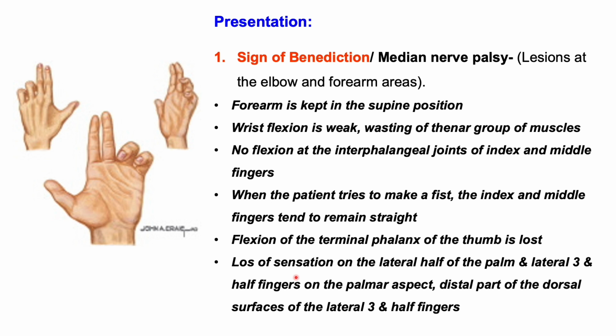Okay, next, it also supplies flexor pollicis longus, which mainly helps in the flexion of the thumb. So this will be affected since it is not getting any innervation from the anterior interosseous nerve.